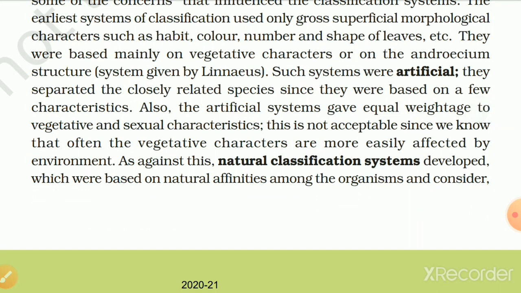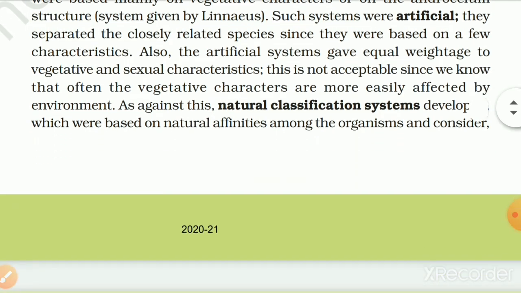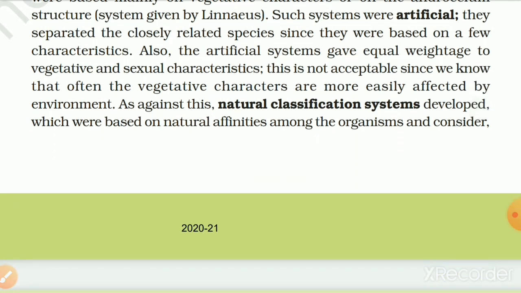Such systems were artificial. They separated closely related species since they were based on a few characteristics. Also, the artificial system gave equal weightage to vegetative and sexual characteristics. This is not acceptable since we know that often the vegetative characters are more easily affected by the environment.